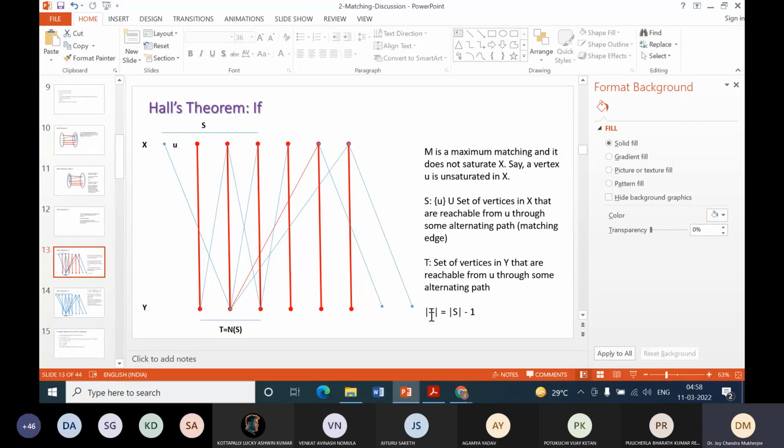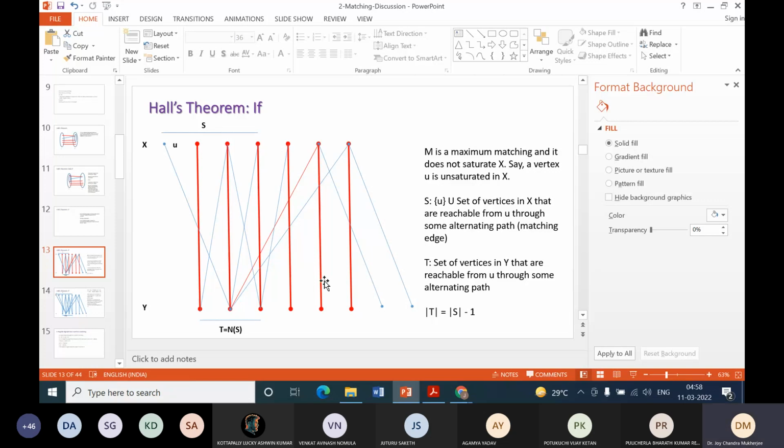Because except U, in S all other vertices are reachable from U through T through some matching edges. Since these are the matching edges, one end of a matching edge is in T and the other end is in S minus U. So that is why |T| equals |S| minus 1.